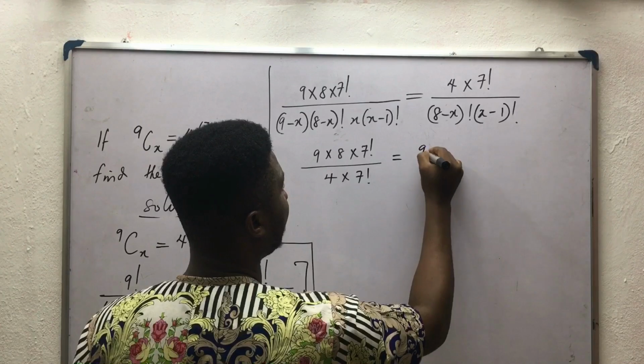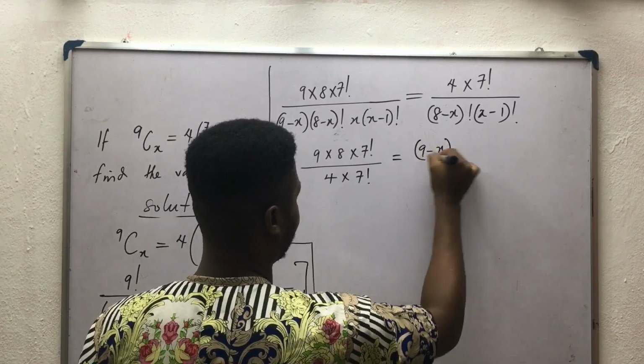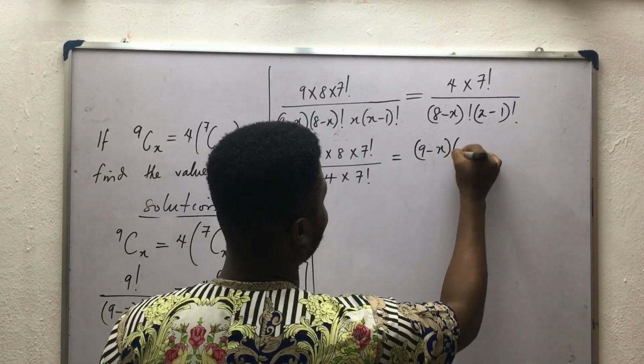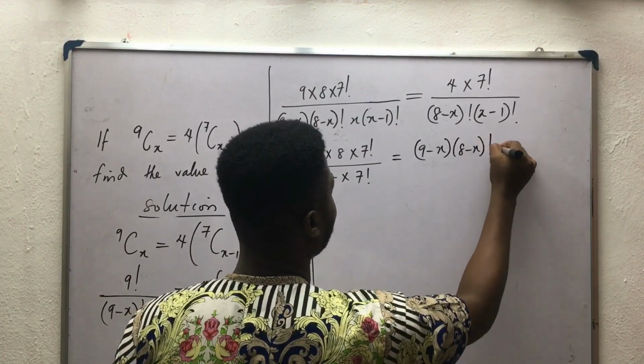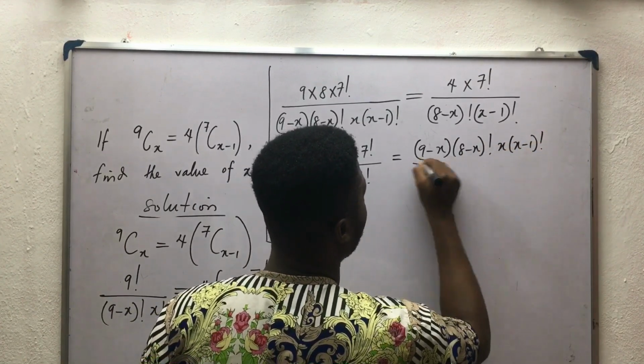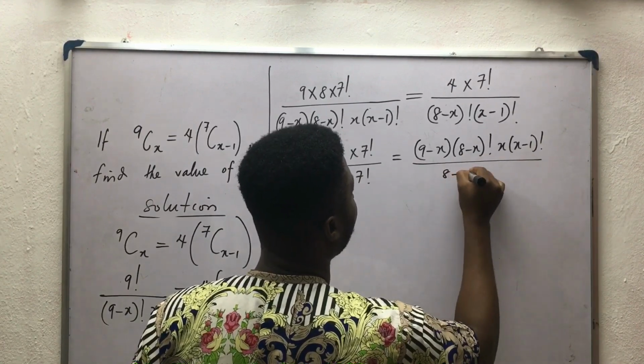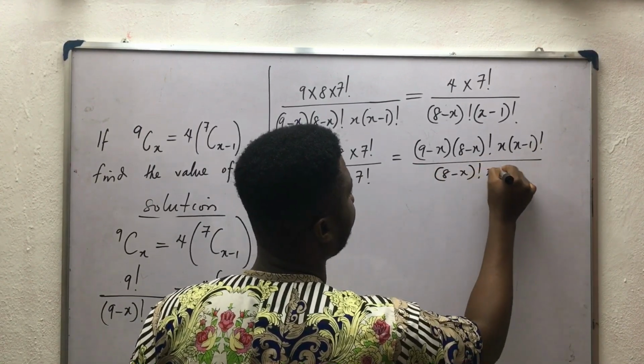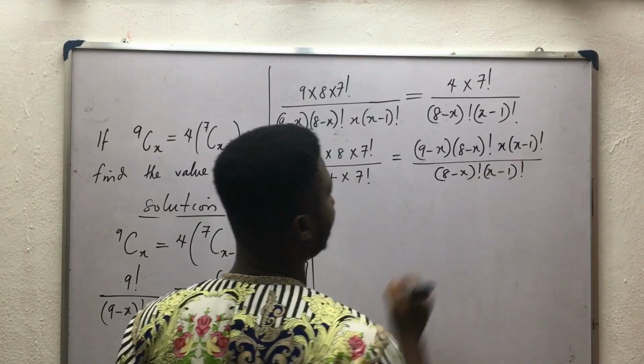So I'm going to have (9 minus x), (8 minus x) factorial, and finally x times (x minus 1) factorial all over (8 minus x) factorial times (x minus 1) factorial.